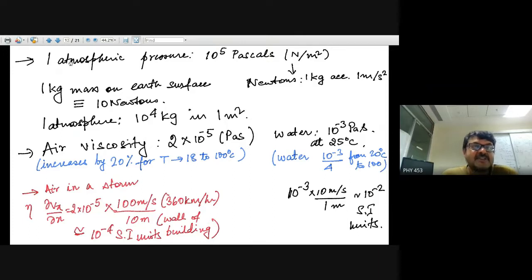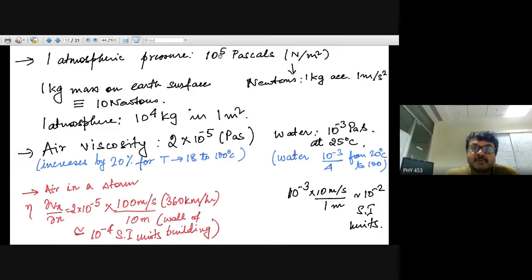which in that case means that 1 atmospheric pressure per unit 1 meter square is giving the force equivalent to 10 to the power 4 kgs. So if you load 10 to the power 4 kgs on 1 meter square, that is the weight of the atmospheric pressure that we are feeling all the time.